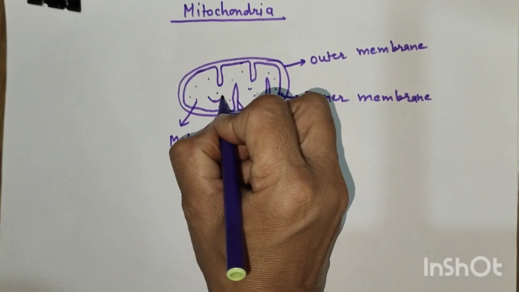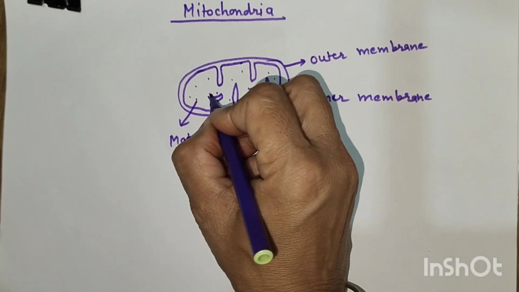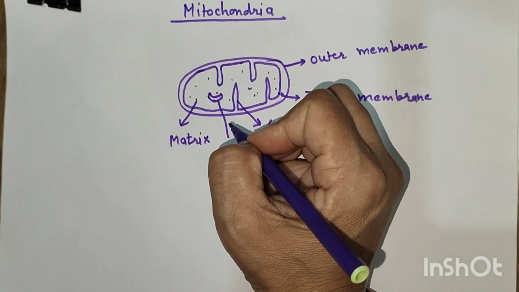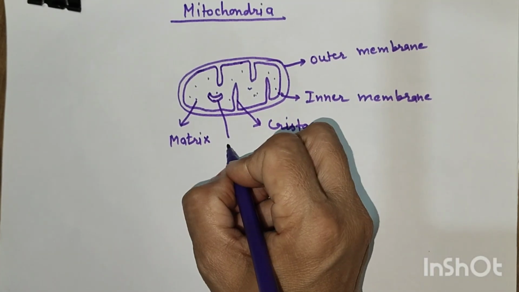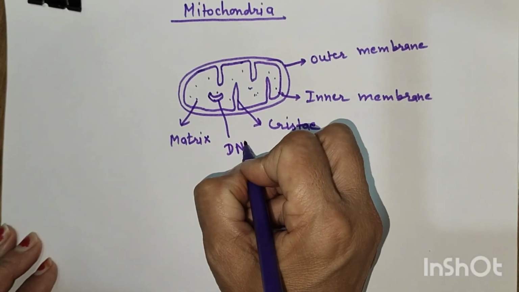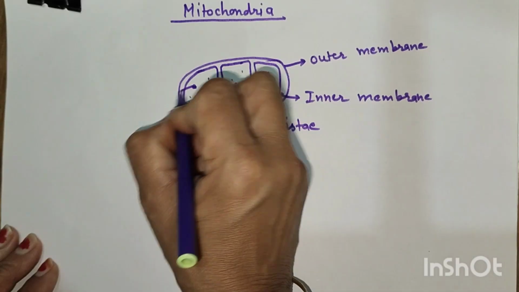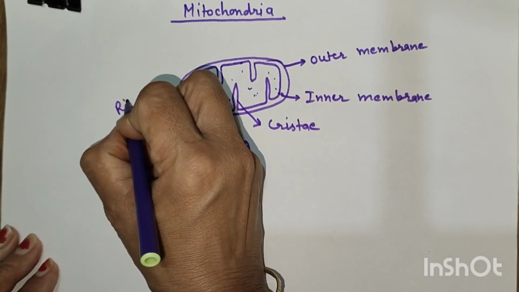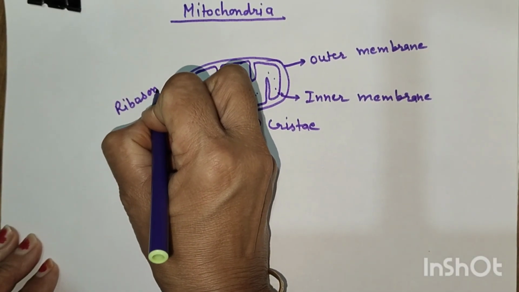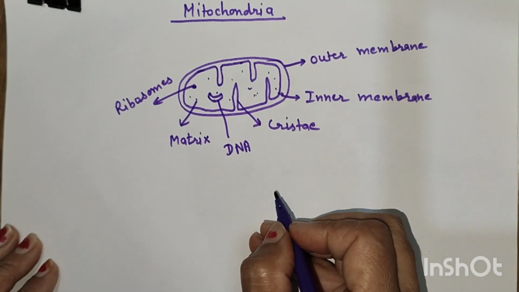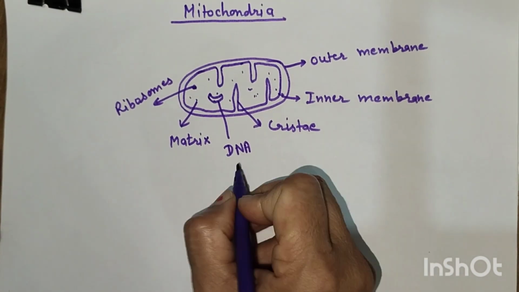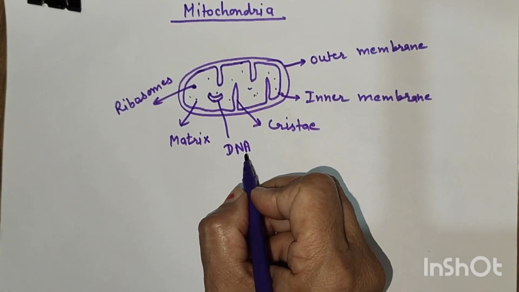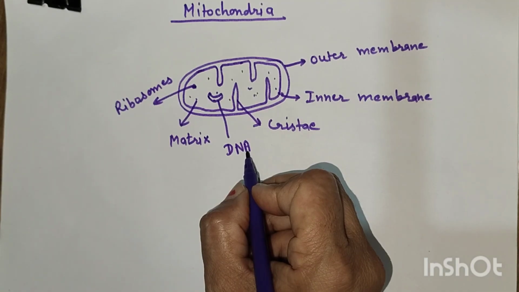It has its own DNA. It has some ribosomes also, and its own DNA.